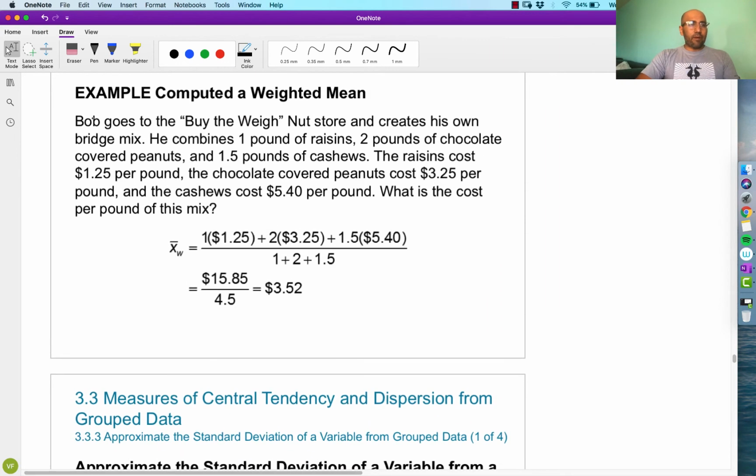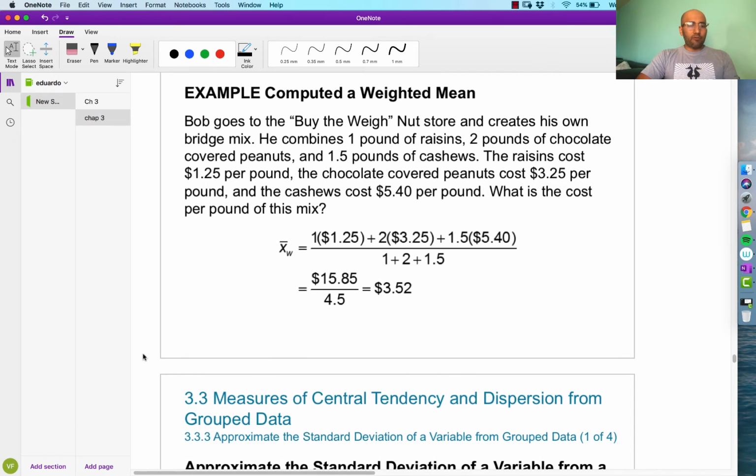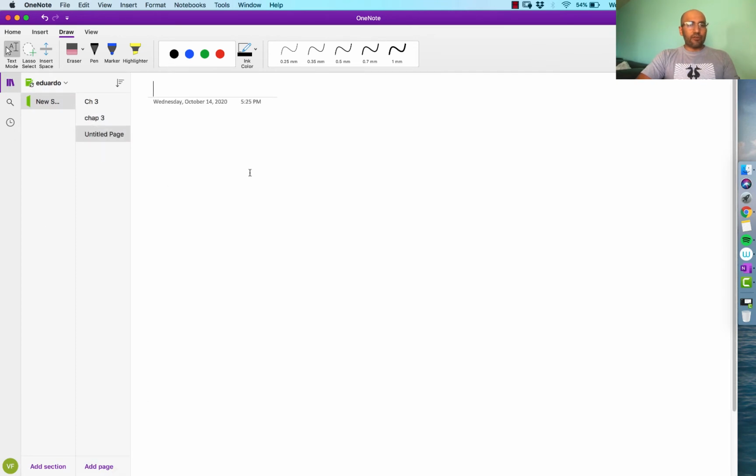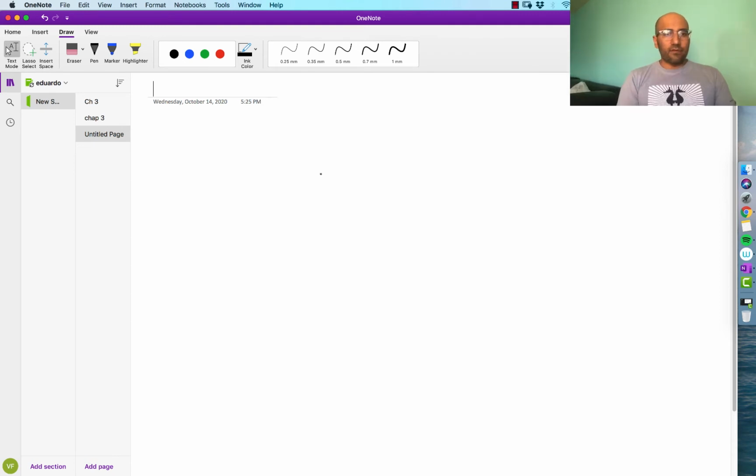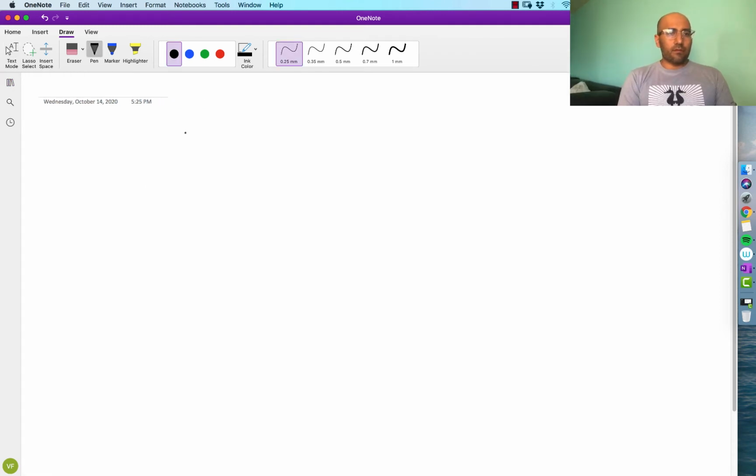A very, very popular example of weighted means is to calculate your grade point average. So, an example using GPA. Find your grade point average. So in most schools, we have A's, B's, C's, D's, and F's.